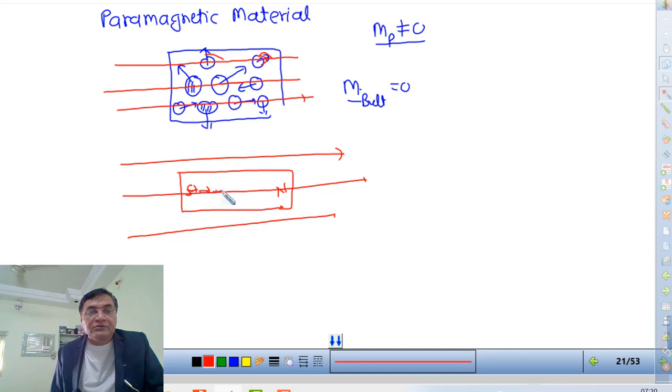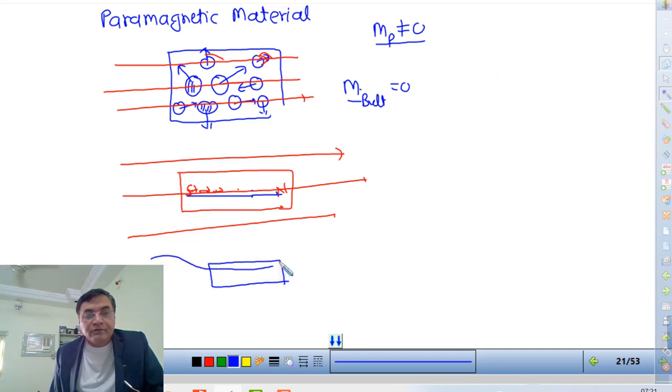So this being south and last becomes north. તો હવે શું થશે, આમનું પોતાનું ફિલ્ડ આમાં એડ થશે, બે એડ થઈ ગયા. સો રિઝલ્ટન્ટ વિલ બી લાઈક ધીસ, અંદરનું ફિલ્ડ વધી જશે. ઓકે, અંદરનું ફિલ્ડ વધી જશે, field will increase inside and outside is less.